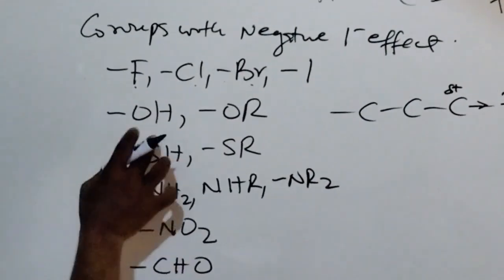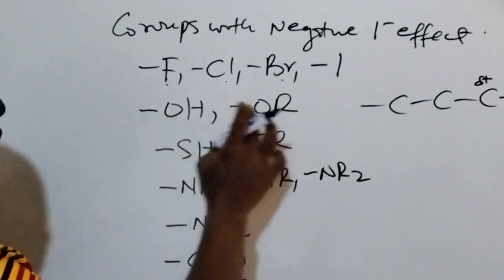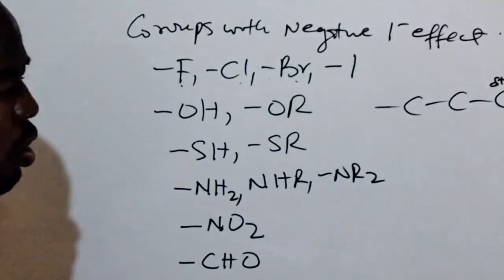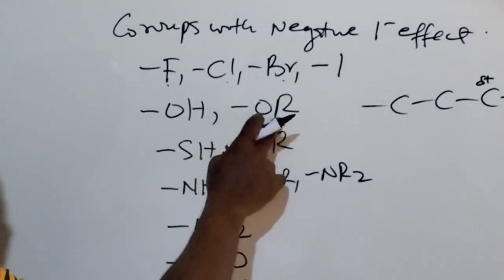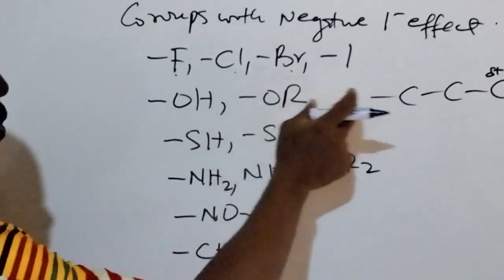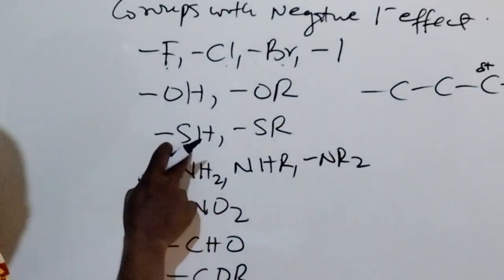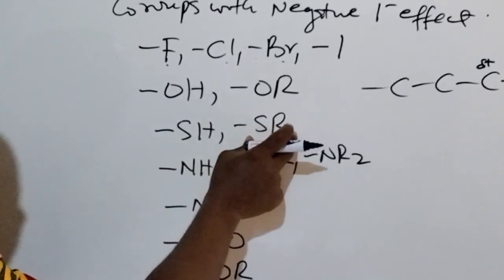And then we also have the hydroxy group, which can come in place of fluorine, the alkoxy group, the ether group, the mercapto group, and the SR group.